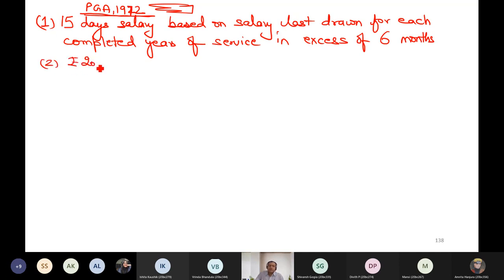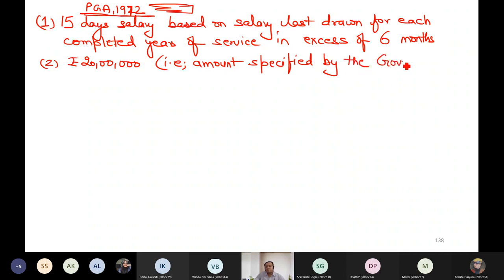20 lakh is the amount which is fixed by the government of India. That is the amount specified by the government. So this is the amount fixed by the government.